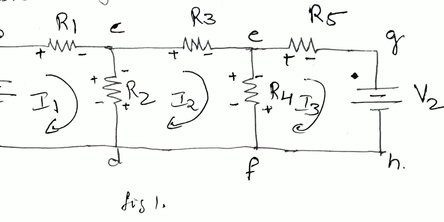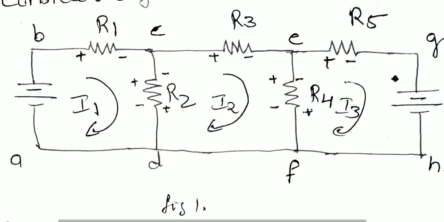So in the direction of I2, I2 into R3 plus the resistance present at R4. What is the current present at R4? It is two currents, I2 and I3, and the direction is opposite, so I take it as I2 minus I3, because I am applying KVL in the I2 direction.